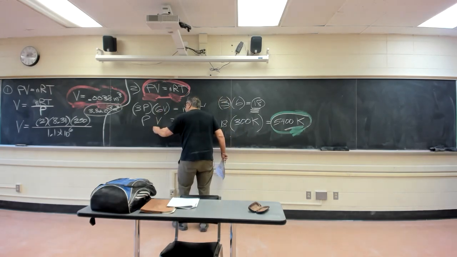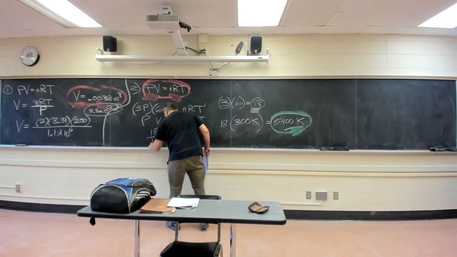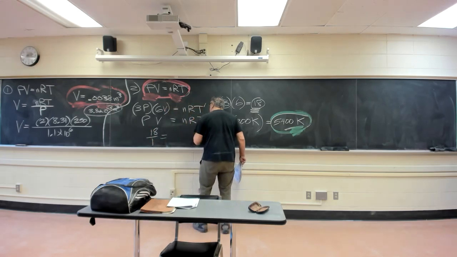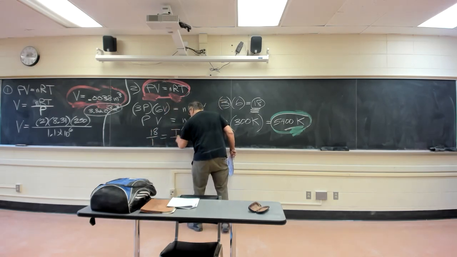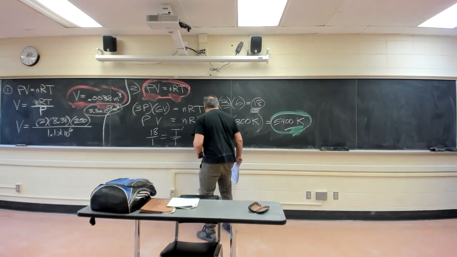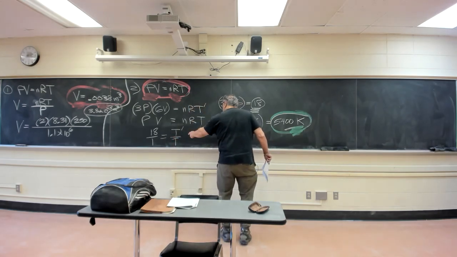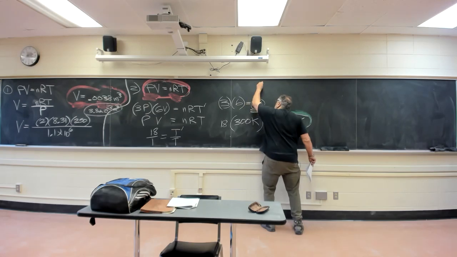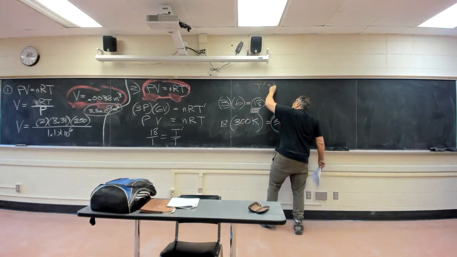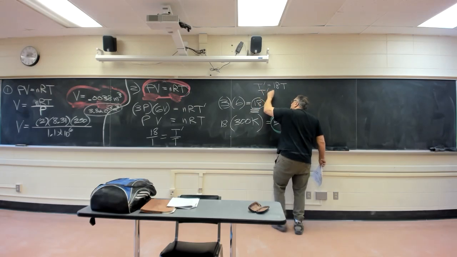Divide these two, and the ratio is 18 to 1. Divide these two, and the ratio is T prime over T. Multiply by T on each side. T prime is 18 times T.